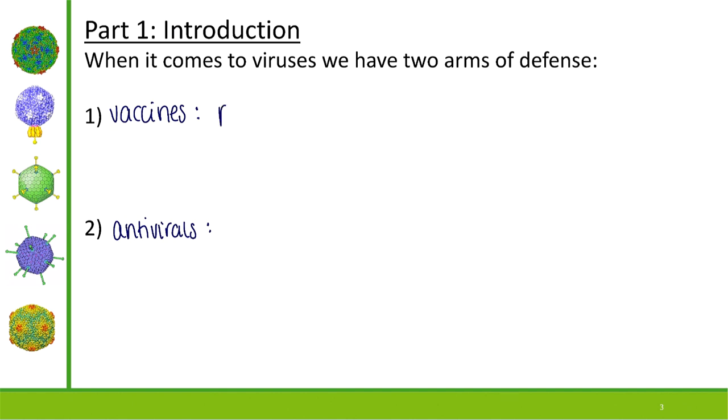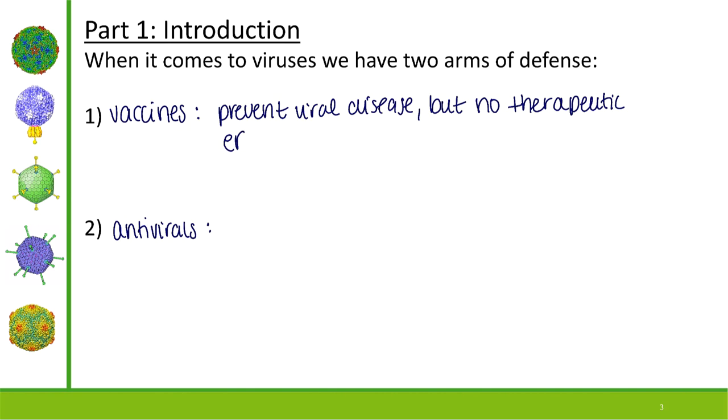For vaccines, their main purpose is really to prevent viral disease, but they offer no therapeutic effect. And there is, of course, an exception to that because, as we know, there's an exception to everything, and that exception, of course, is rabies.